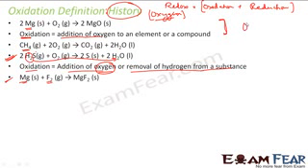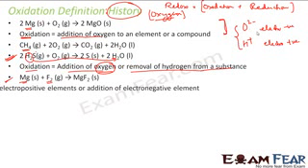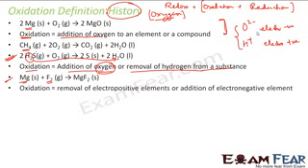But if you see, oxygen is what? Electronegative element. And hydrogen is what? Generally H plus, an electropositive element, correct? So oxygen is an electronegative element and hydrogen is an electropositive element. So they increased the scope.